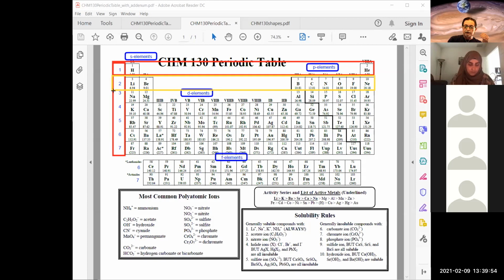In the third energy level, we start with sodium, magnesium, and so on. Okay, so the third energy level, starting there, we go across. And that continues the fourth energy level, and the fifth, and the sixth, and the seventh. But right now, we'll stop at the third.